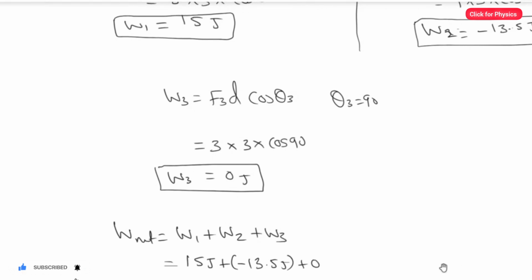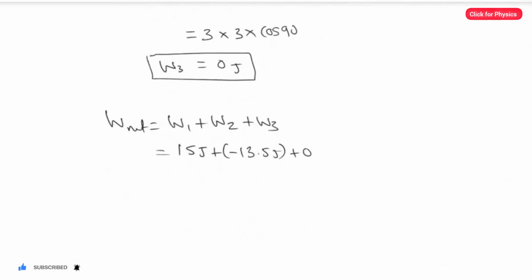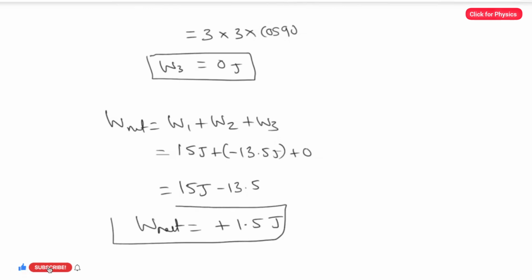So 15 minus 13.5. Why minus? Because plus into minus is minus. So we subtract 13.5 from 15 joules. We got the net work done as plus 1.5 joules.